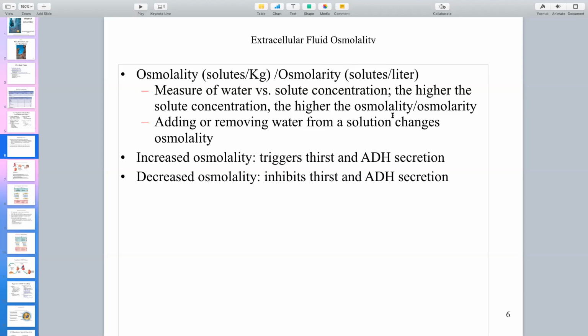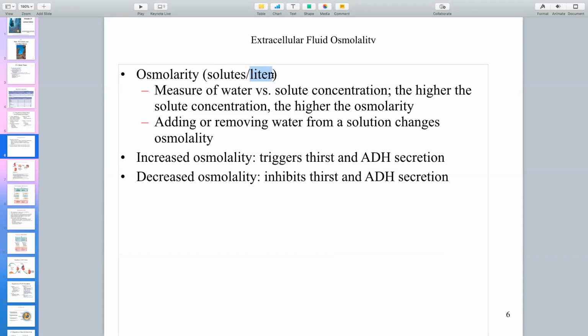Adding or removing water changes the osmolality/osmolarity. You know what? From now on, I'm just going to remove osmolality. We're just going to use osmolarity. Again, it kind of makes sense, right? If you add more water to any solution, you're going to dilute it. What happens to the osmolarity? If I add water, I increase the denominator, the lower number.